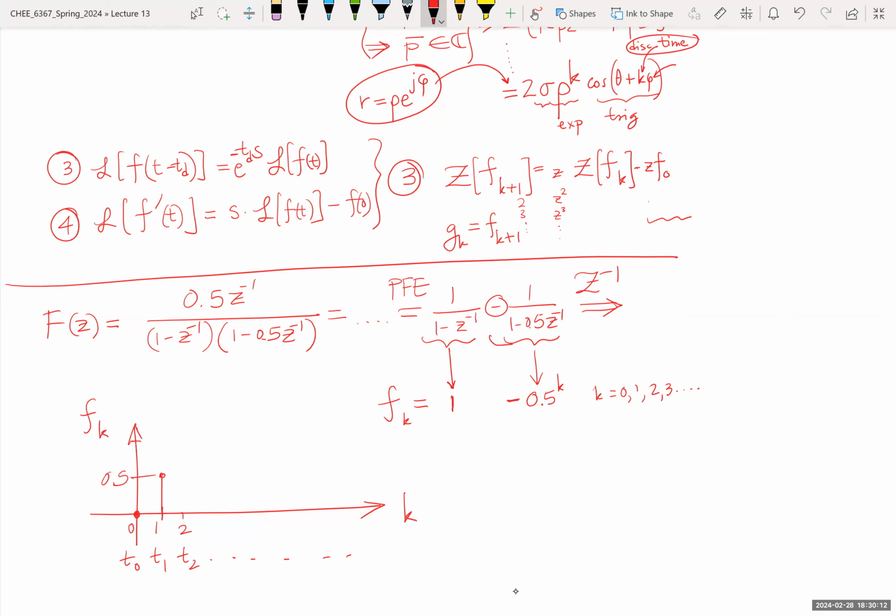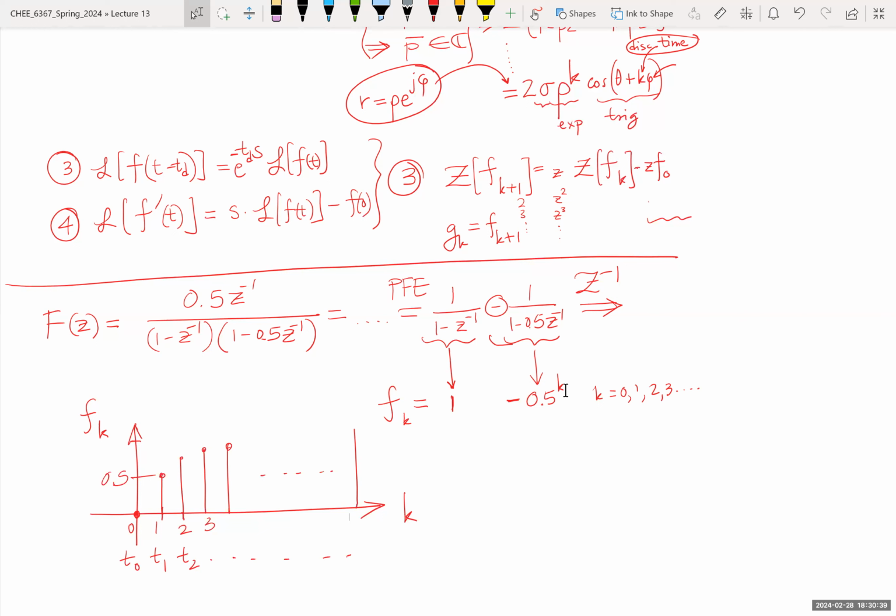Now, eventually, where is the sequence going? As I have more and more and more here, where is it going to go? 0.5 to the k, as k goes from 1, 2, 3, 4, etc., becomes 1/2, right?